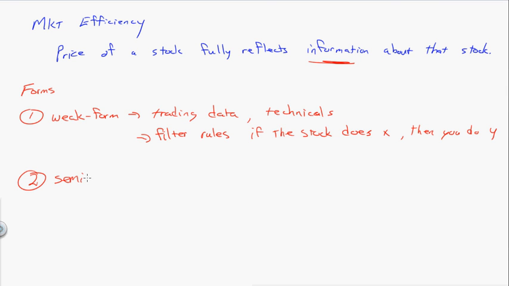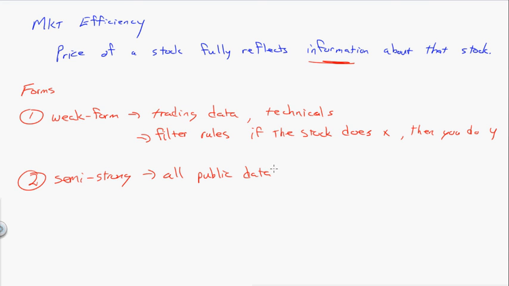The next is semi-strong. Semi-strong is all public data. So I can't make a profit just by knowing public data. Public data would include anything in weak form data. So all past trading data is publicly available. But not only do I have the past trading data, I also know the financials that have been released.